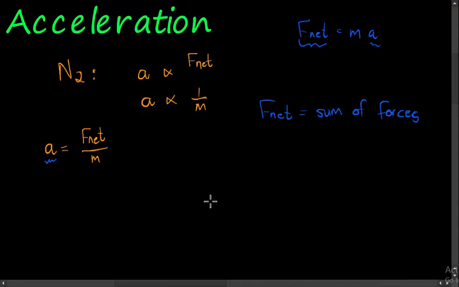So in any situation now, if they ask me for acceleration of a certain object, then what it's going to come down to is I want the sum of all forces divided by the mass. Now again, if it's going horizontal, I don't care about normal force and weight. If it's moving horizontally, it's just all of the forces that is in the direction of motion.